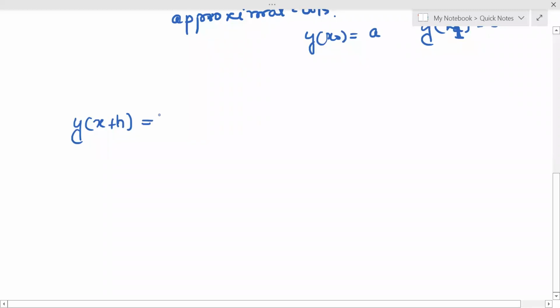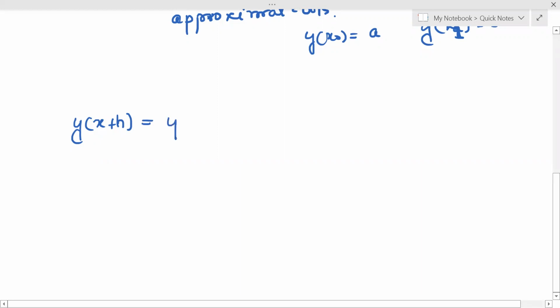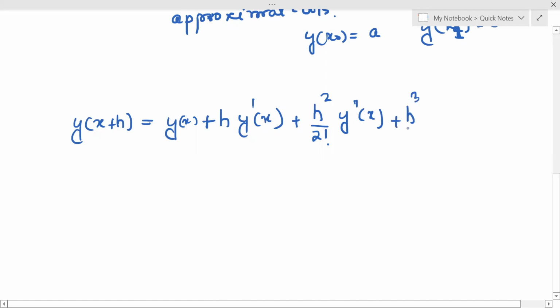Using the Taylor series expansion, we expand it: y of x plus h equals y of x plus h into y dash x plus h square by 2 factorial into y double dash x plus h cube by 3 factorial y triple dash x and so on.